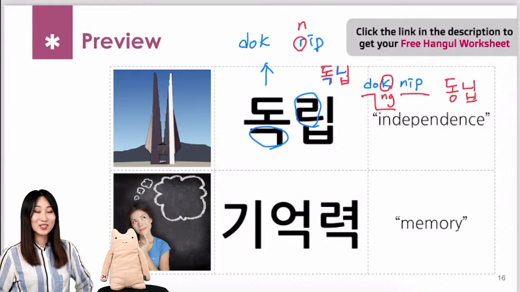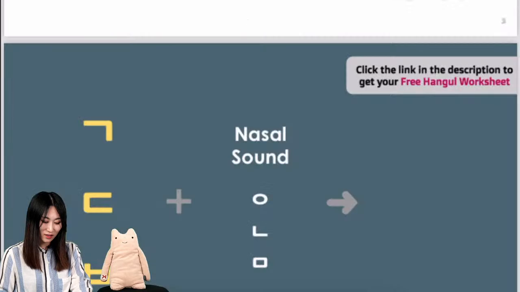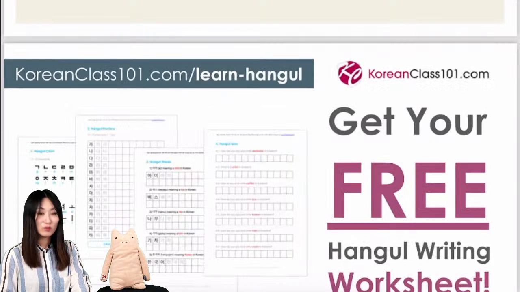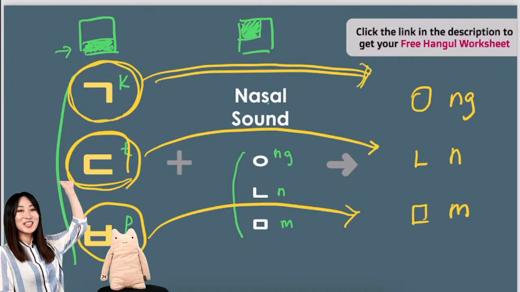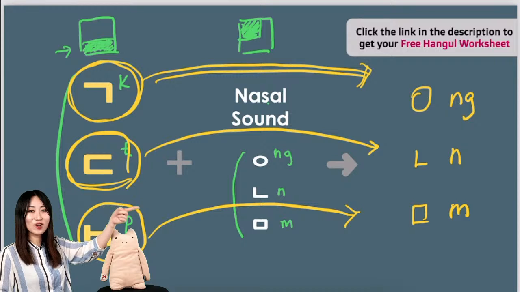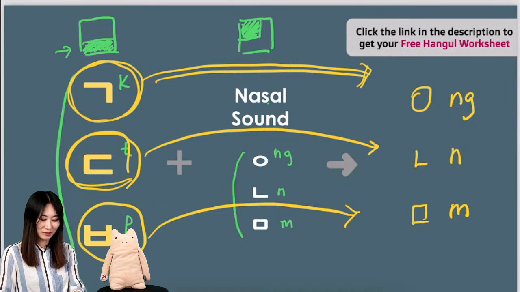Did you notice? So yes, you can actually apply these 2 different rules that I just taught you today. So remember, rule number 1: if the Batchim sound has one of these sounds and a nasal comes after it, then these sounds change to the nasal sound.